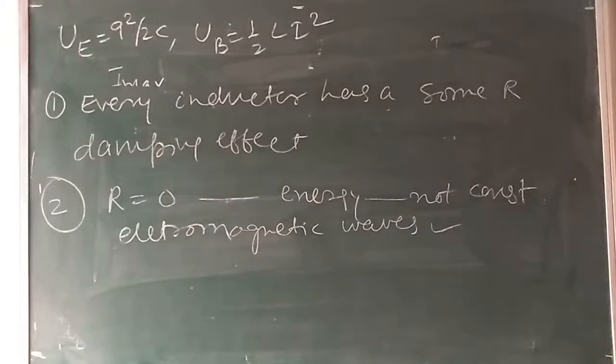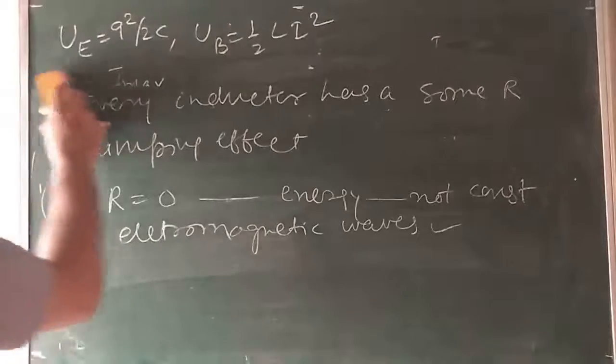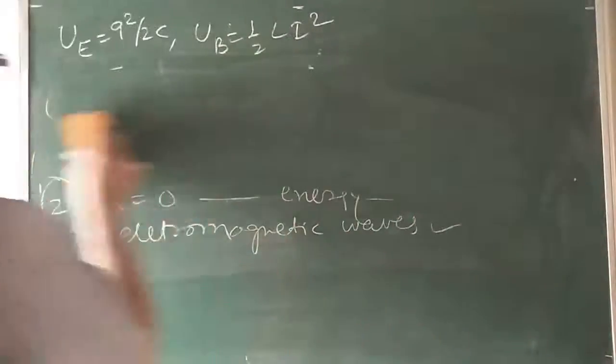So dear children, to obtain undamped oscillation, the energy loss is duly compensated in a proper phase. Otherwise, we get oscillation something like this.